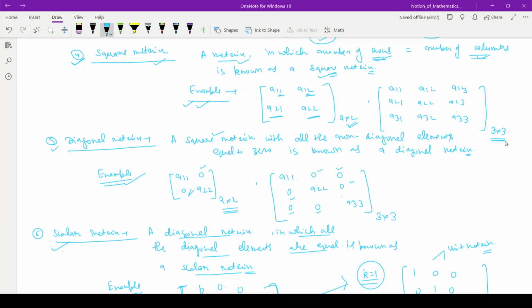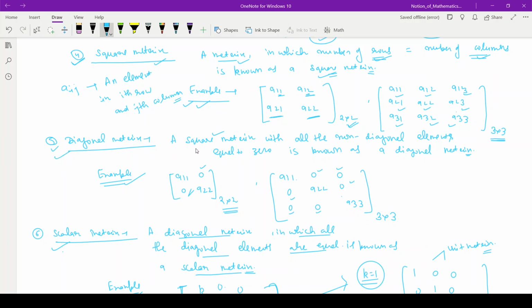Similarly, 3 cross 3 matrix is A11, A12, A13, A21, A22, A23, A31, A32, A33, where small aij is representing an element in ith row and jth column.